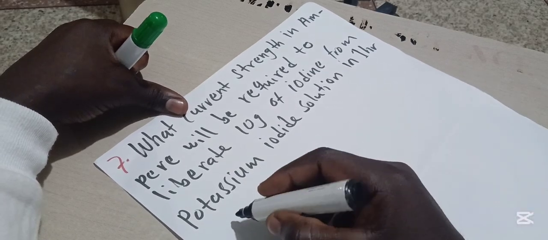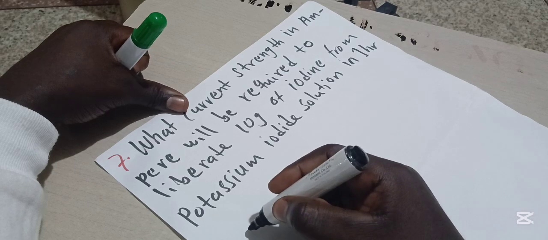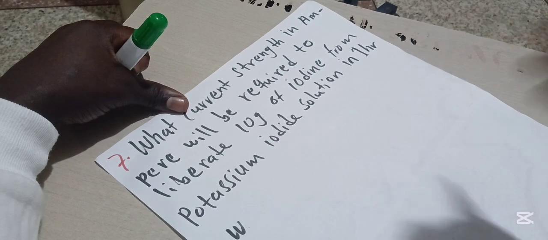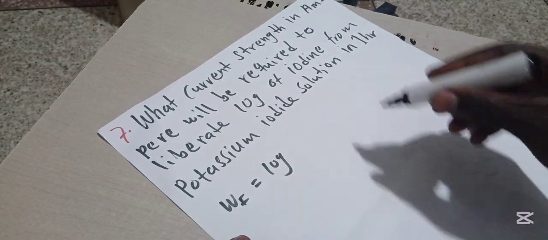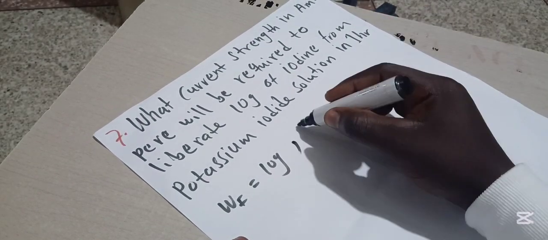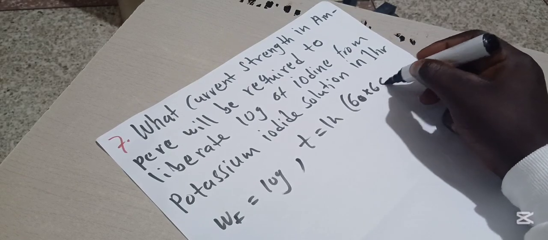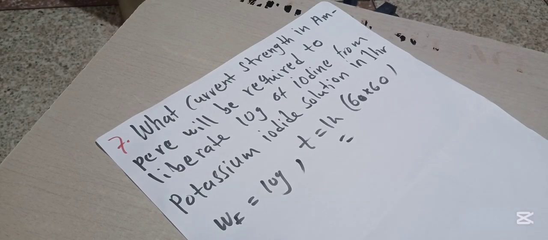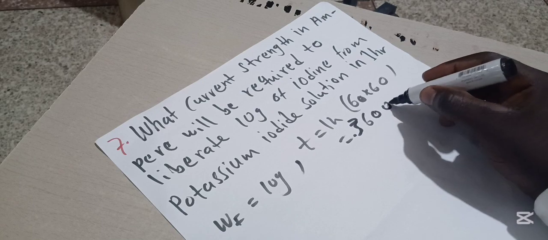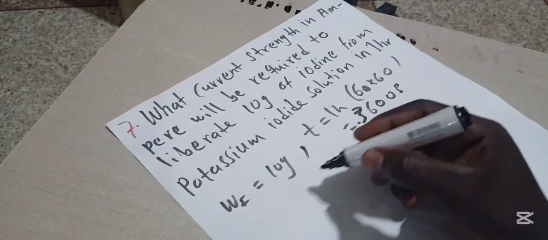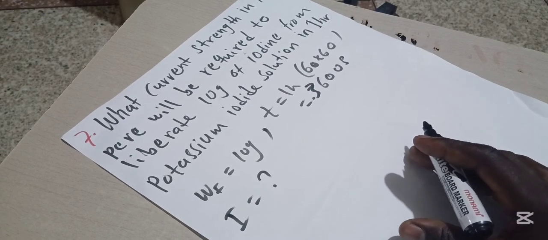The weight of iodine, 10 grams, and our time, 1 hour, which is 60 by 60, giving 3600 seconds. For our current, we don't know. That's what we are actually looking for.